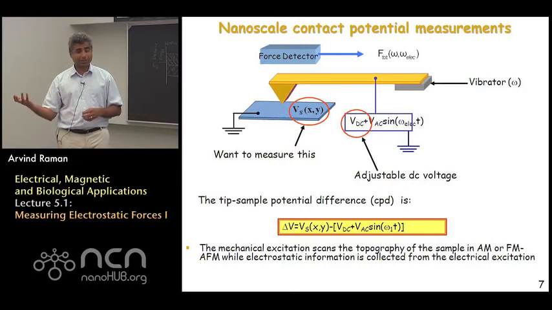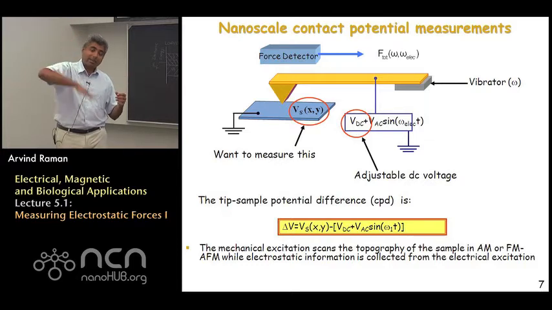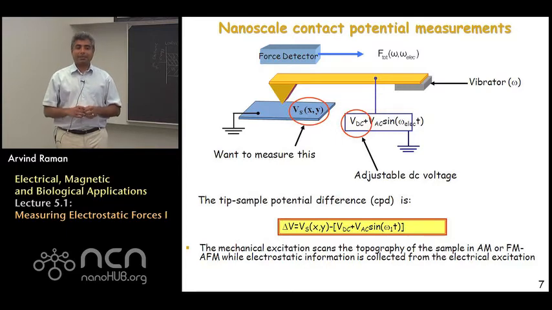The mechanical excitation is applied through base excitation, dither piezo excitation at a frequency omega that drives the cantilever into resonance. There's an amplitude and phase corresponding to it, which can be used for feedback and tracking the topography of the sample. In addition, one applies an electrical excitation to the conducting cantilever, which comprises a DC component and an AC component whose frequency is omega elec.